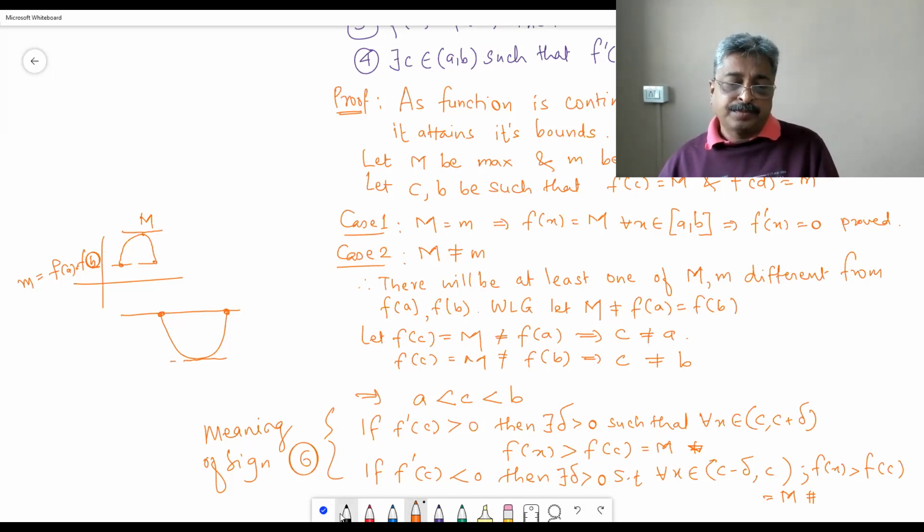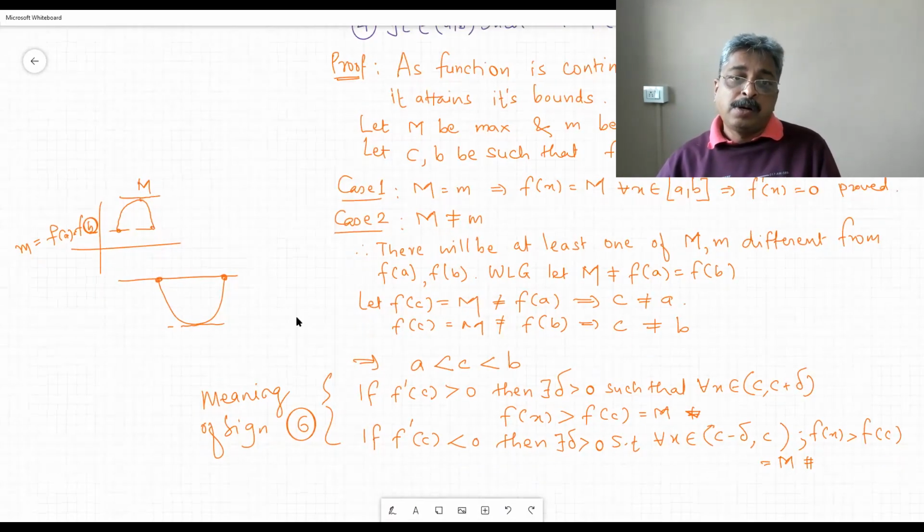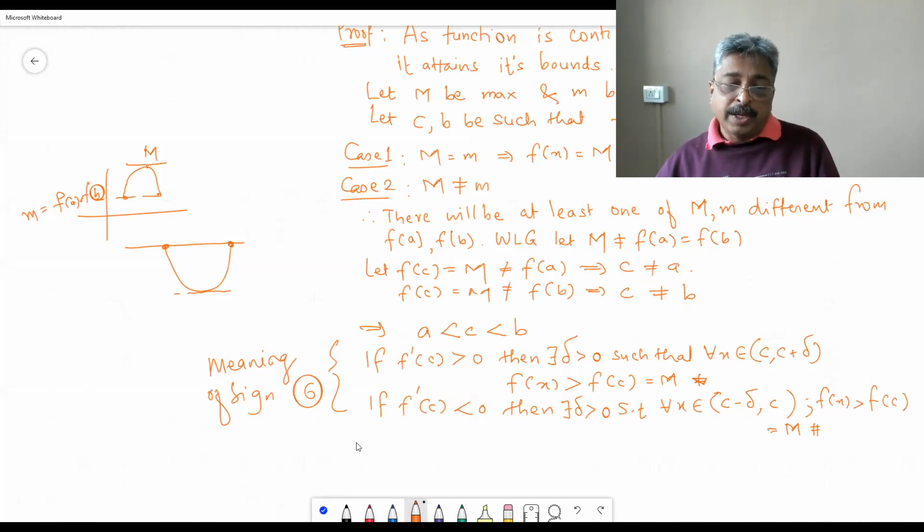Therefore, this implies f'(c) must be equal to 0. Theorem proved.